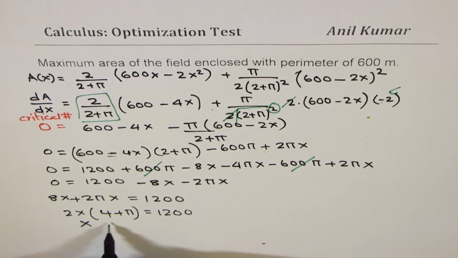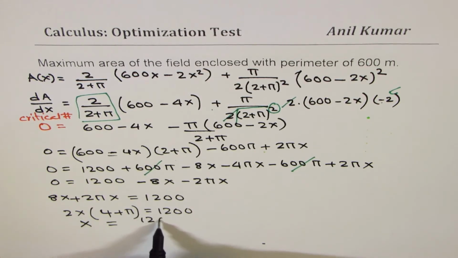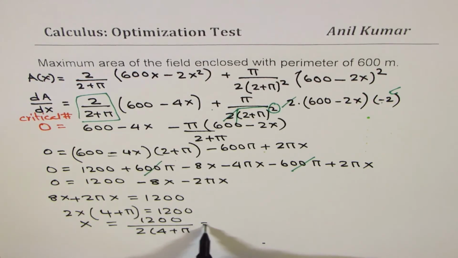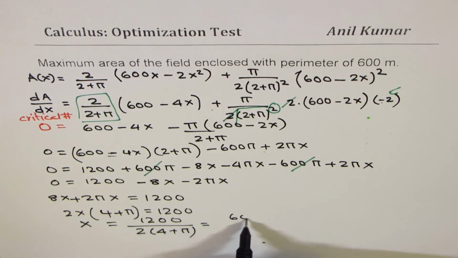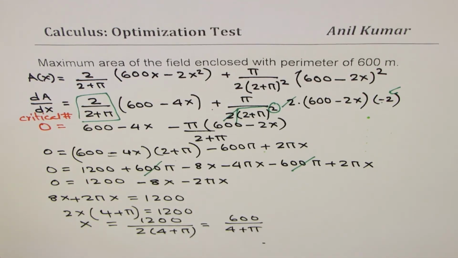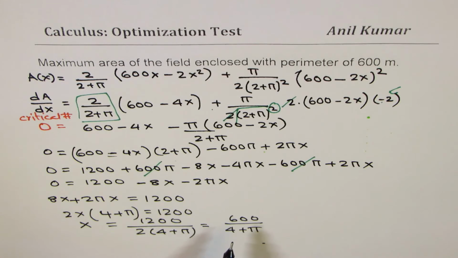So x is equal to 1200 divided by 2 times 4 plus pi, which is 600 divided by 4 plus pi. So that becomes the value for x. Correct? So that is how you can actually simplify this particular expression and get the value of x.